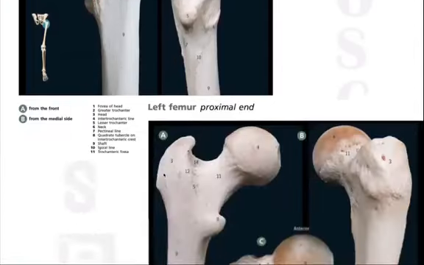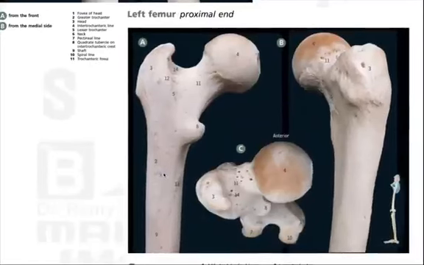Fantastic. On this picture, number 11 is the neck of the femur. Number 8, lesser trochanter. Number 3, greater trochanter. Number 5, intertrochanteric crest. Number 12, quadrate tubercle.